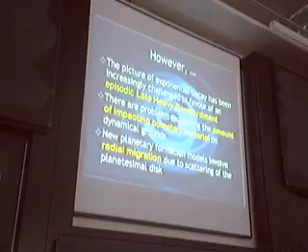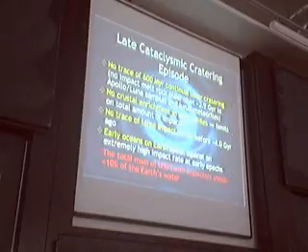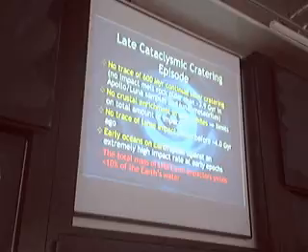And I will show you some examples that completely overturn the picture of how the giant planets were formed and where they were formed.